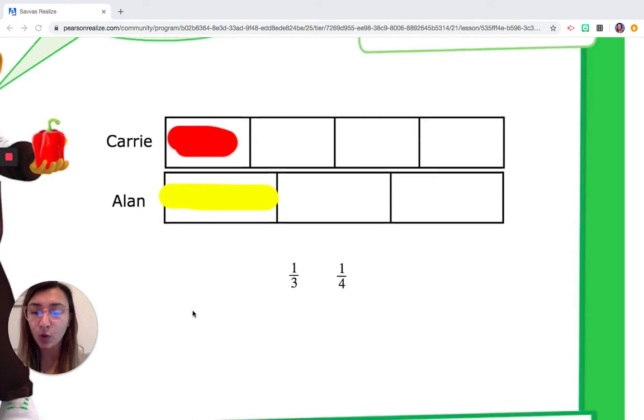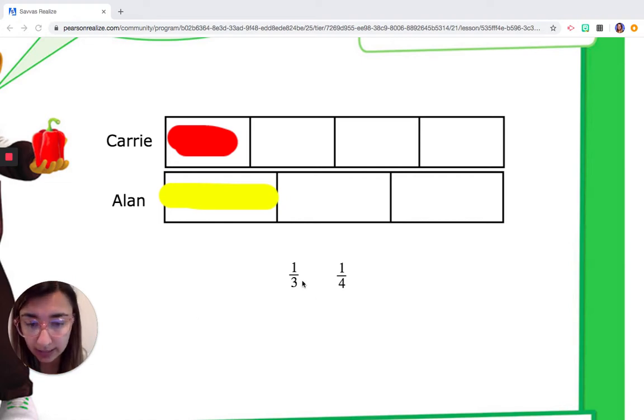Last time we were using the same denominators. You can see here that the denominators are different. One is thirds and one is fourths. Our numerators are the same though. So this is going to get a little bit confusing. Whichever denominator is the smaller number is going to be the biggest fraction.